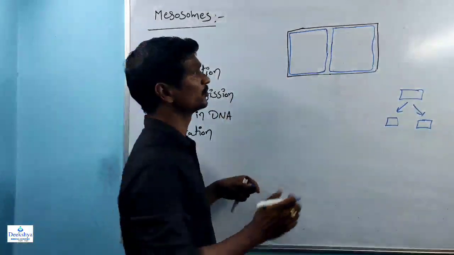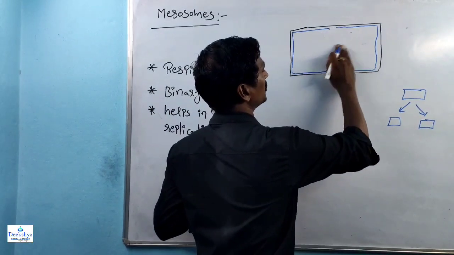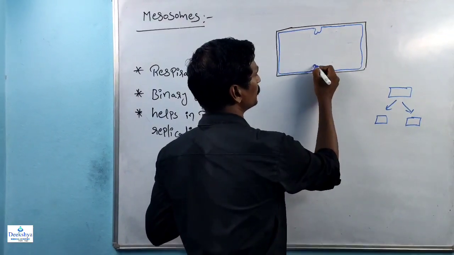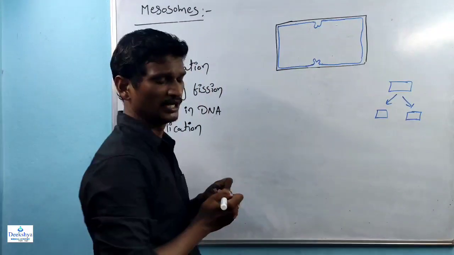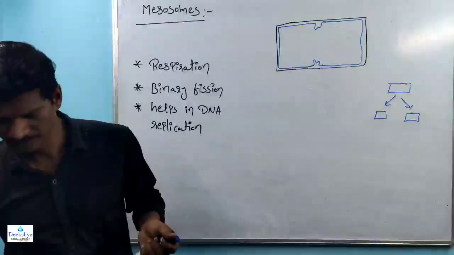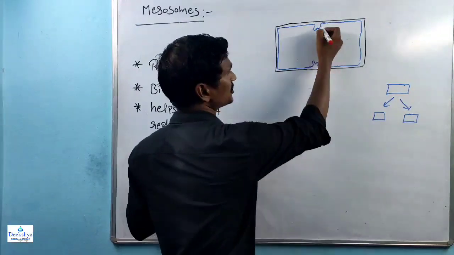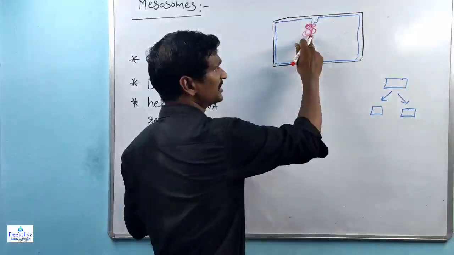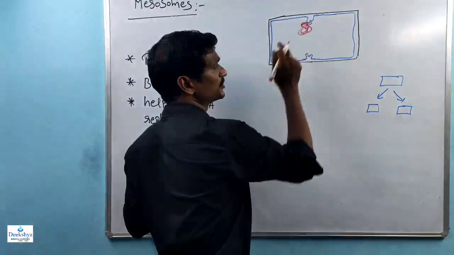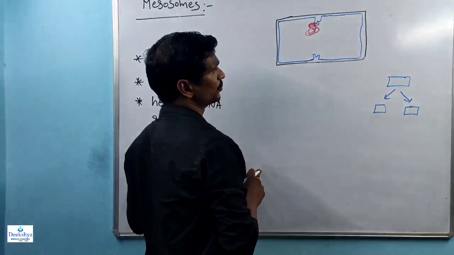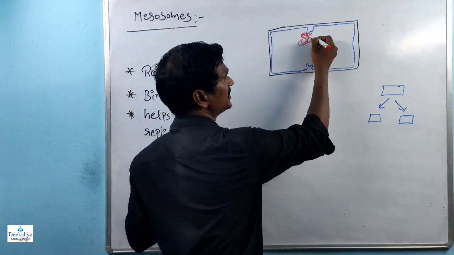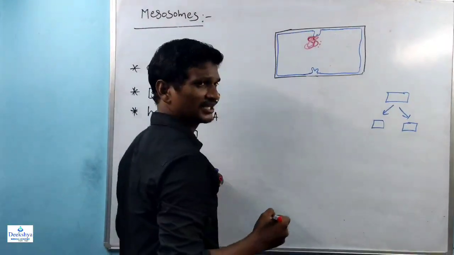Remember, the mesosomes also help in the DNA replication process. This is the mesosome region. This is the DNA, the genetic material. Once that genetic material is bound to the mesosome, DNA replication starts, because a group of DNA replicating enzymes are there.